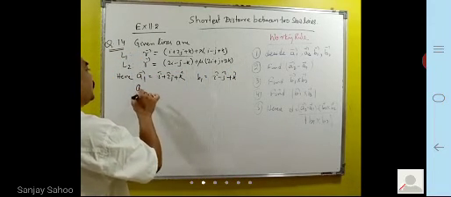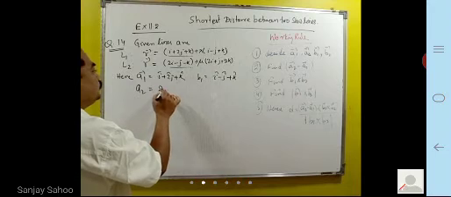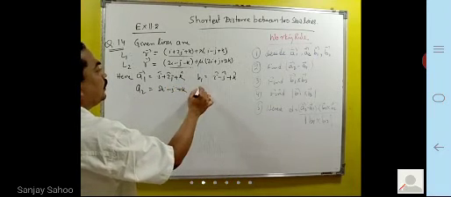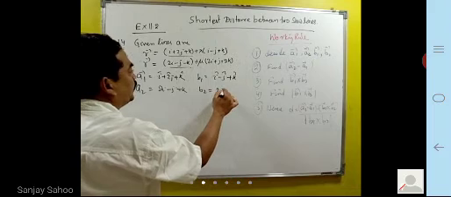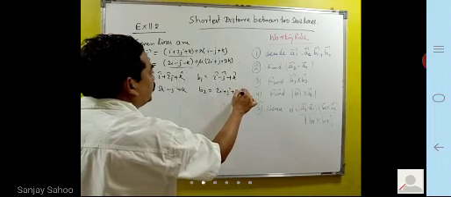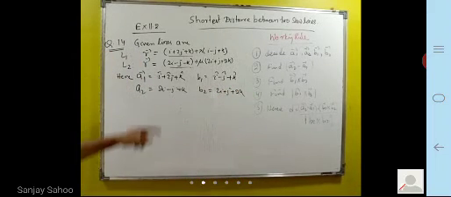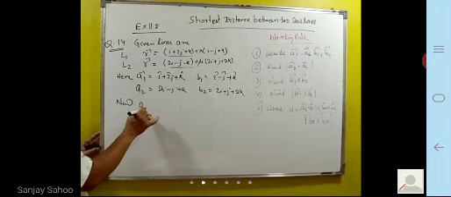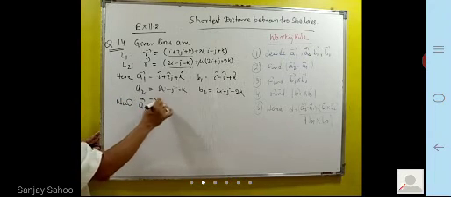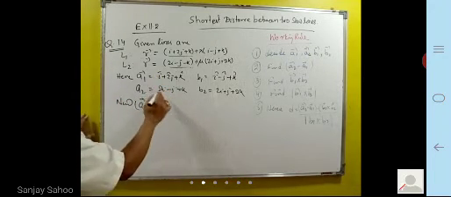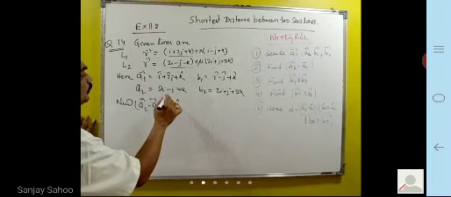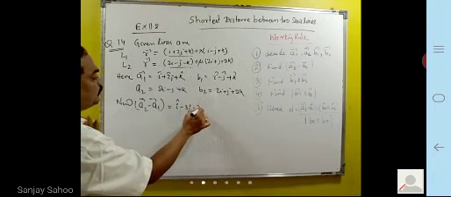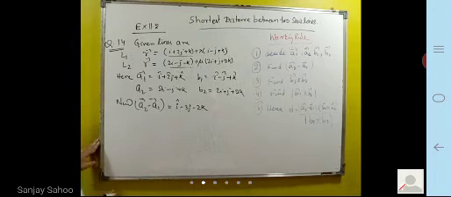A2 vector is this one, 2i minus j minus k, and B2 vector is 2i plus j plus 2k. Next you have to find A2 minus A1. Now A2 minus A1 vector, just the difference: 2 minus 1 it is i, minus j minus 2j is minus 3j, minus k minus k is minus 2k. This is A2 minus A1.